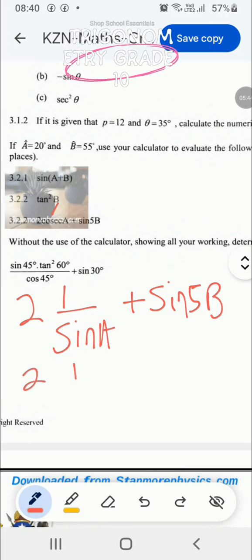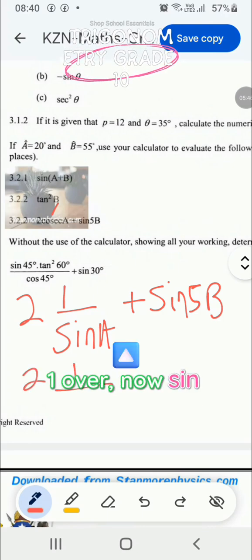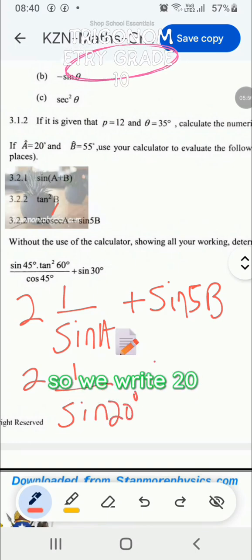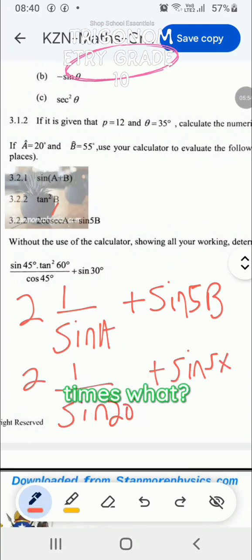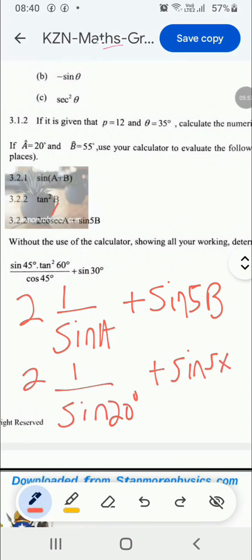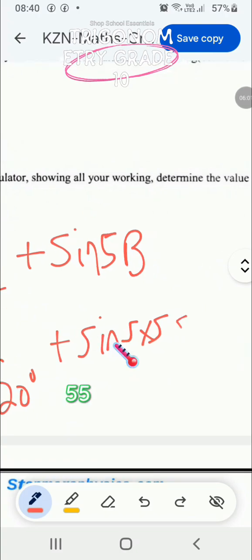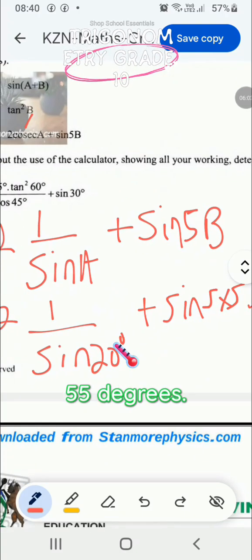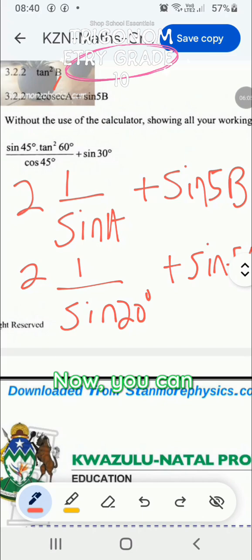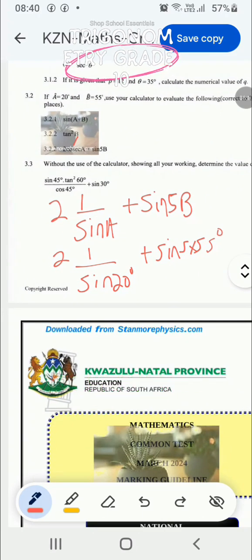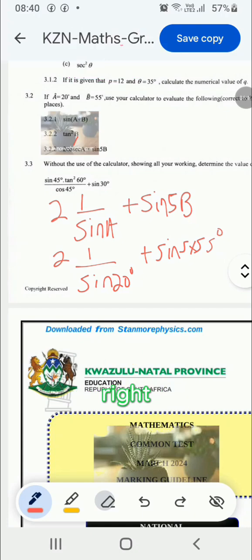So we have 2 times 1 over sine A, our A is 20, so we write 20, plus sine 5 times what? B is 55, 55 degrees. Now, you can use a calculator to punch everything, and you'll get the right answer.